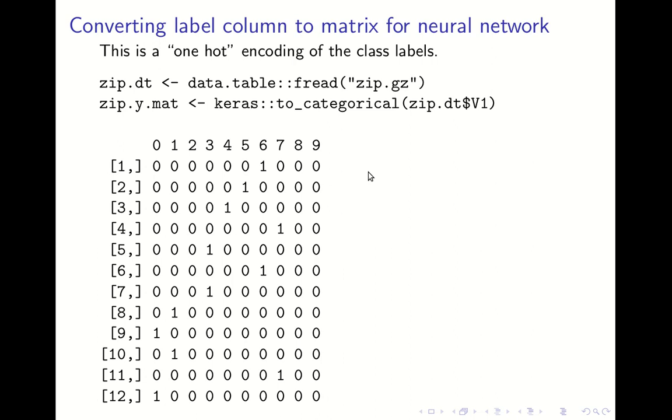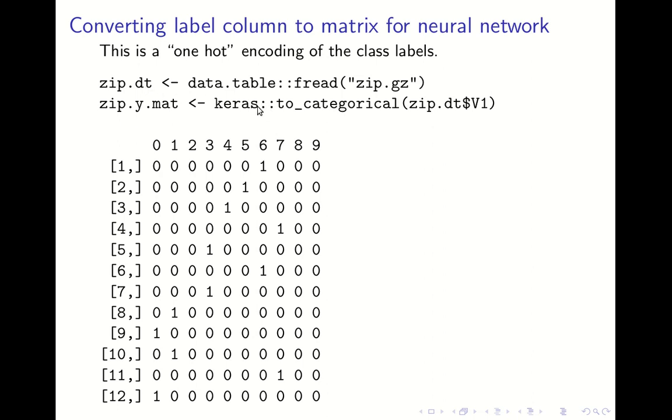You can see my code on the GitHub repository if you want to see the details about how to download that data file and everything. But the idea is we save that in this zip.dt, this data table representation of the CSV file.